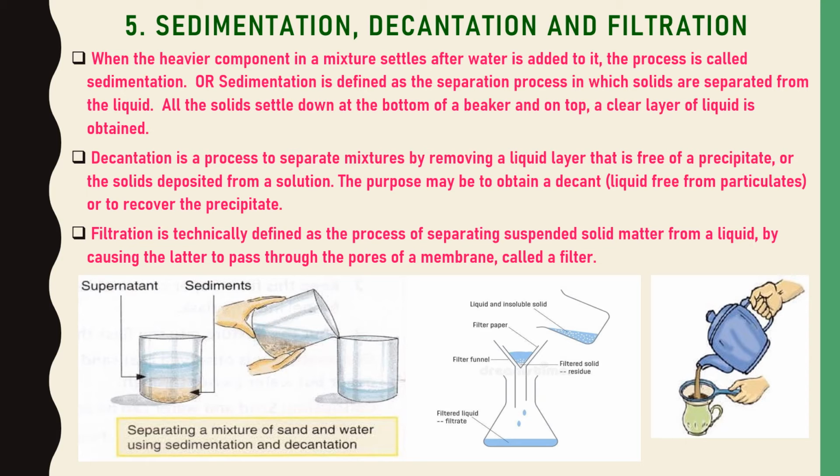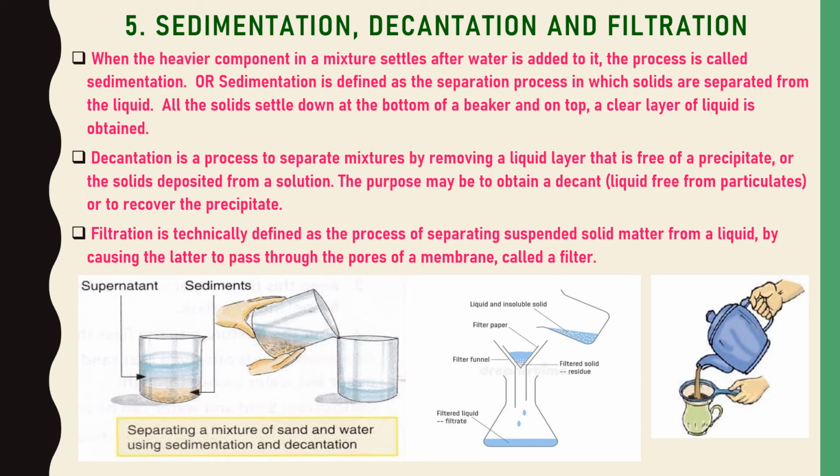You can simply see in the second diagram, filter paper is being used to separate the insoluble solids. As we use a strainer to filter out the tea leaves from tea, that is also a process called filtration. So these are some of the simple physical methods for separation.